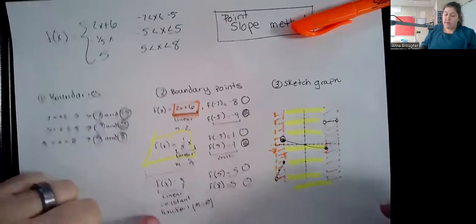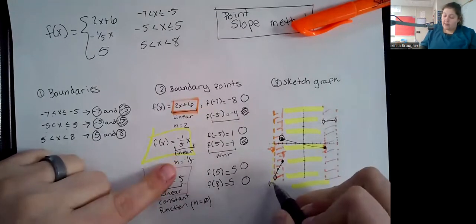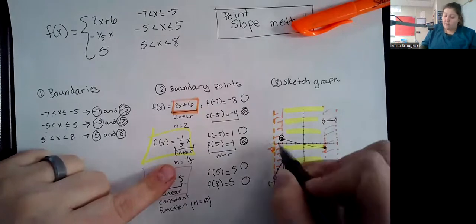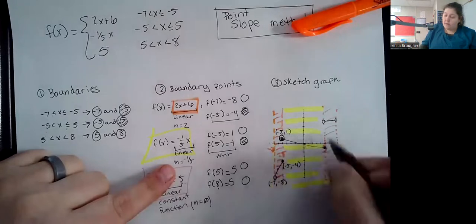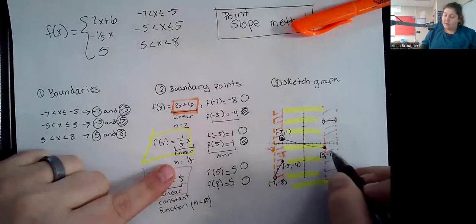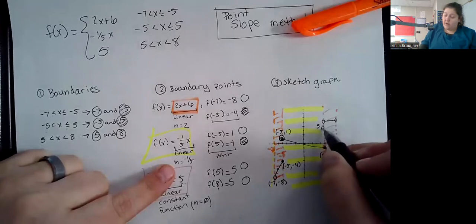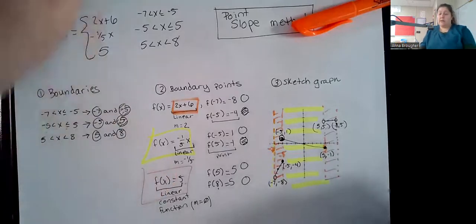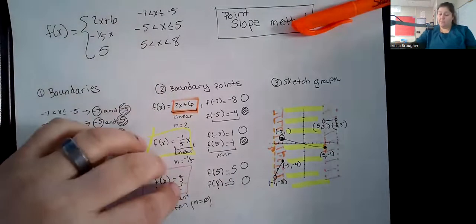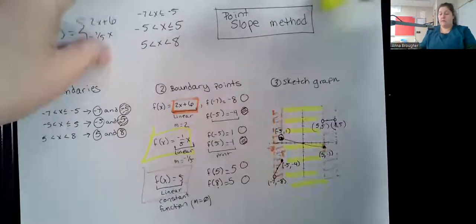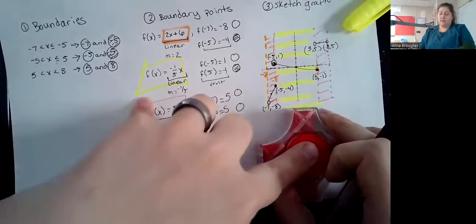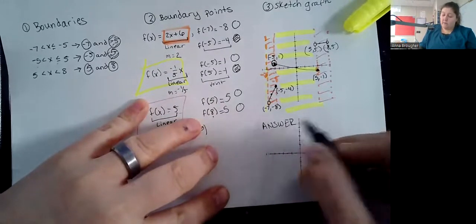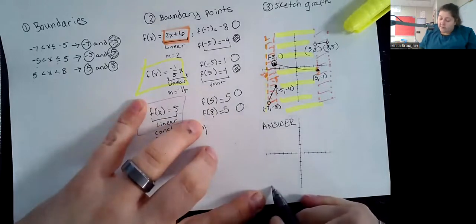Our answer is just the black. So we can take -7, -8, -5, -4, -5, 1, 5, -1, 5, 5, 8, 5. And we will see that our answer can be cleaned up. Final answer. We start at -7, -8, open.